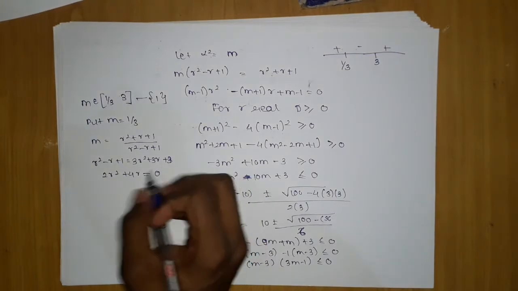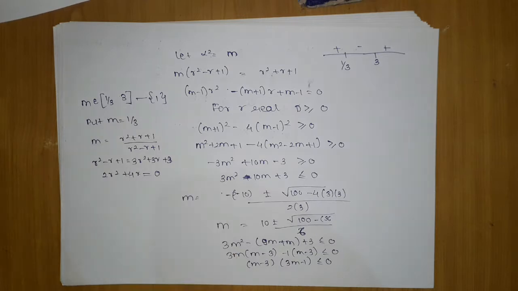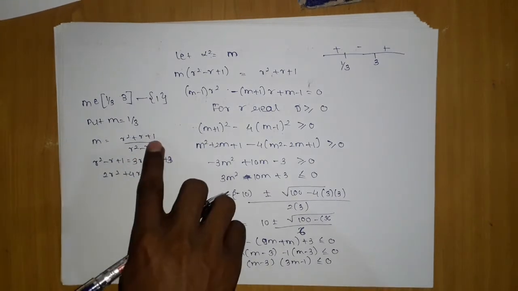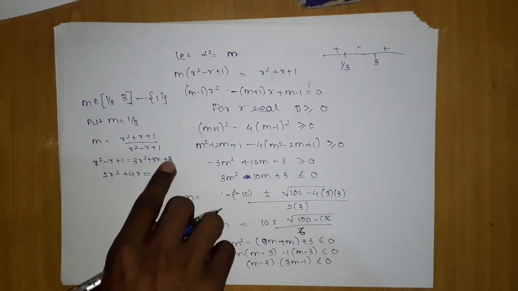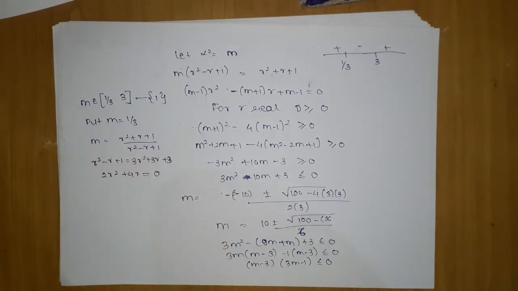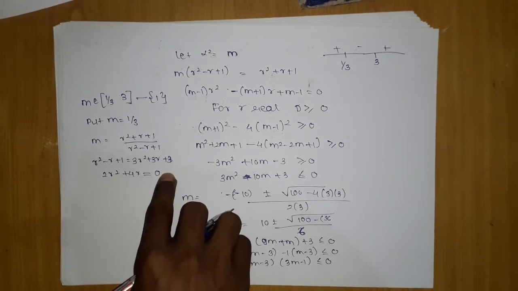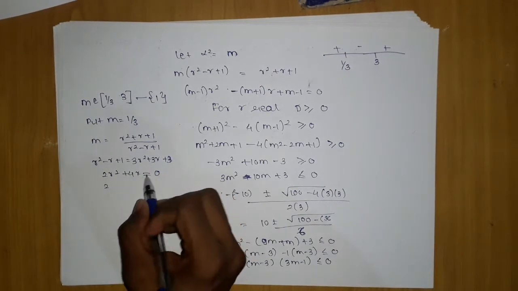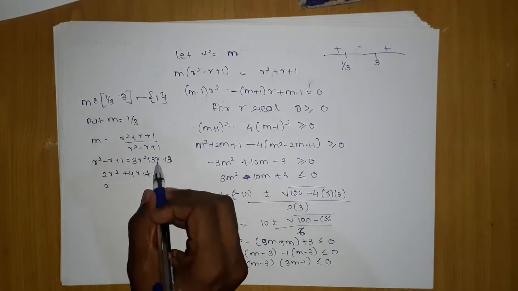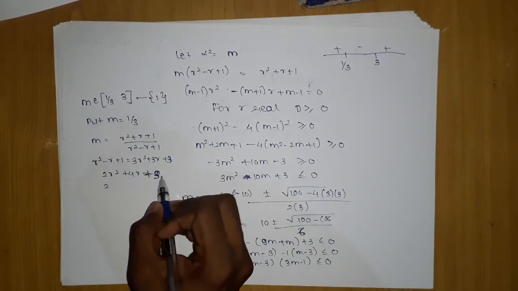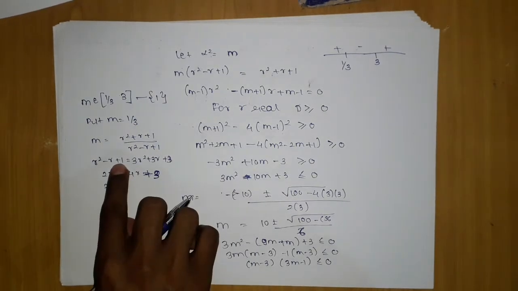So the 3 is there, and it moves to that side, giving r square plus 3. We take plus 3 only: 2r square plus 4r, plus 3.